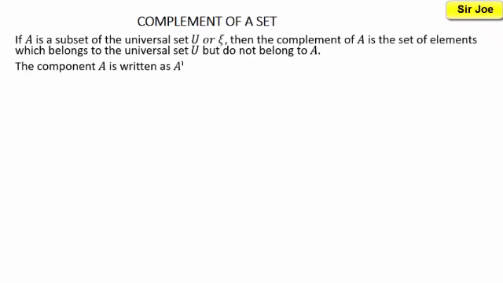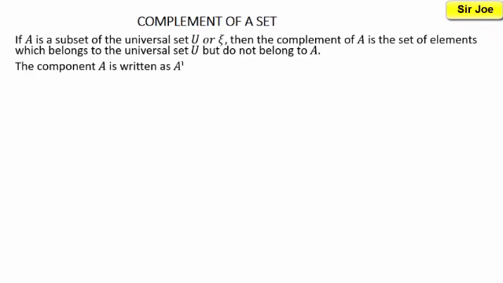I have my set A and I have a universal set. Now, there are some elements in the universal set, but they are not in set A. Those elements become the complement of set A.